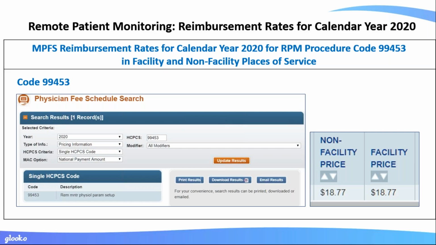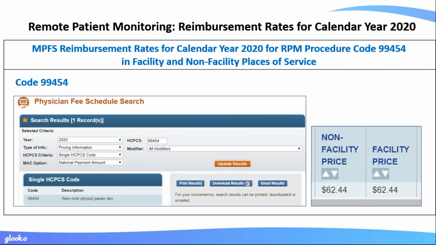Non-facility is going to be a physician's office, an independent clinic. So code 99453. Now, these rates you see on the right are unadjusted. They're not adjusted geographically. These are the national payment rates that are unadjusted for geography.